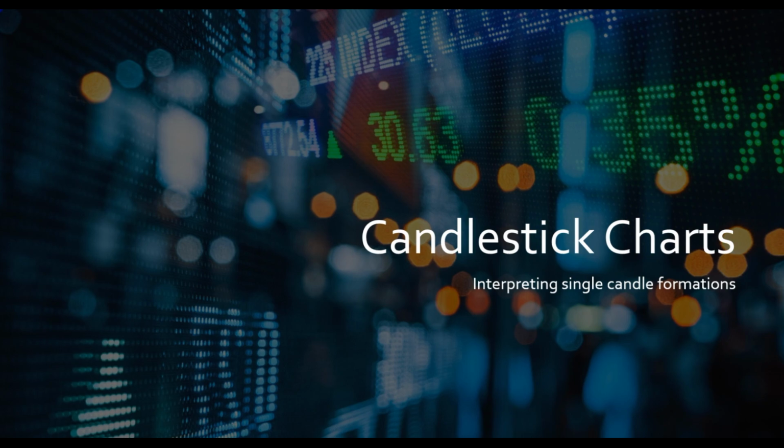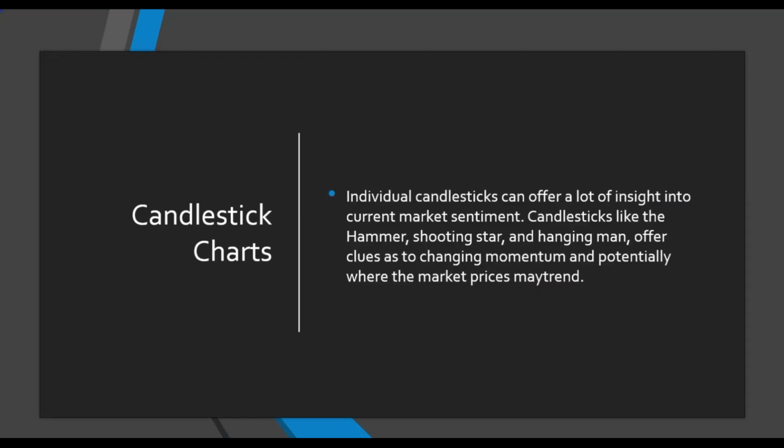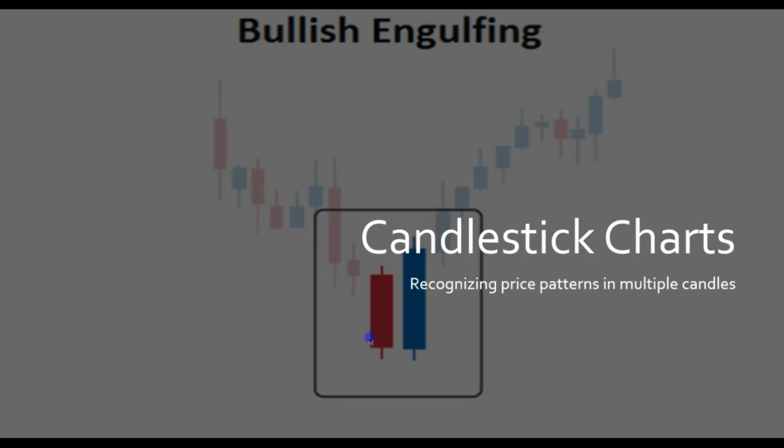Now, we have single candlestick formations that tell us something about that particular time frame. We have candlesticks like hammers, shooting stars, hanging men that offer clues as to changing momentum and the potential change in the market price. And then we have multiple candlestick patterns. The main one that everybody talks about is the engulfing candle.